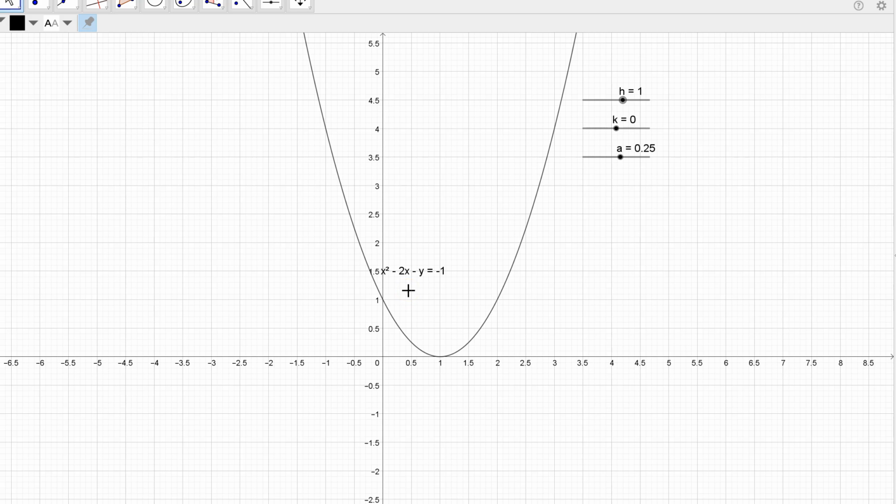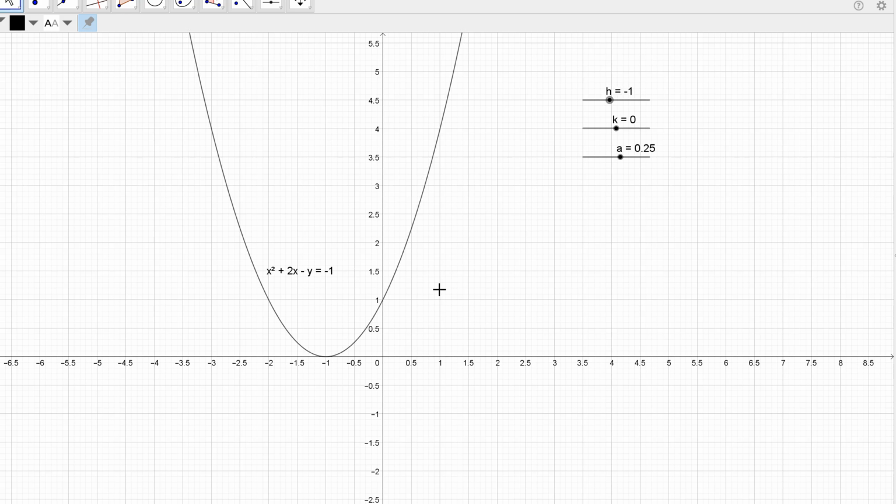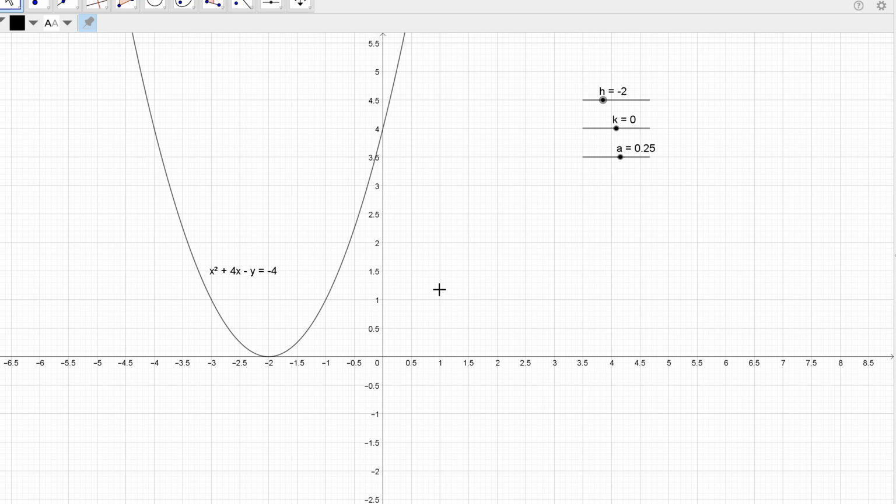So that indicates that I've shifted the x-coordinate a distance of 1 unit to the right. So we'll practice that technique much more later on. Unfortunately, GeoGebra can't easily cope with writing the equation in that fashion. So I can change the value of h to shift to the right or to the left.